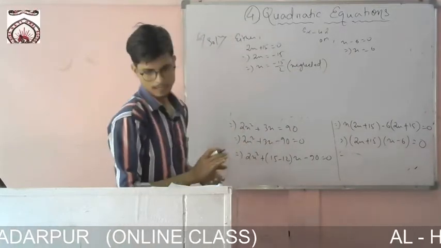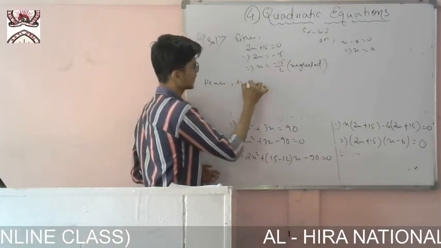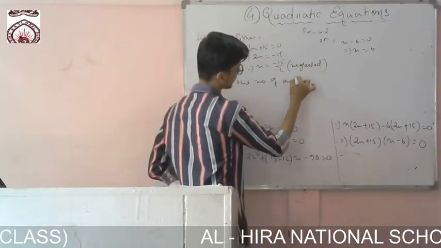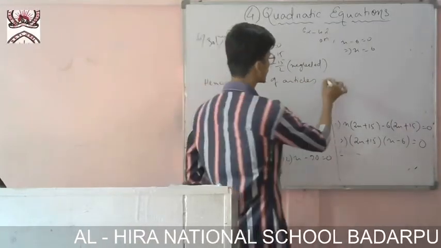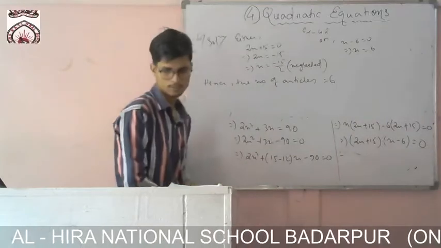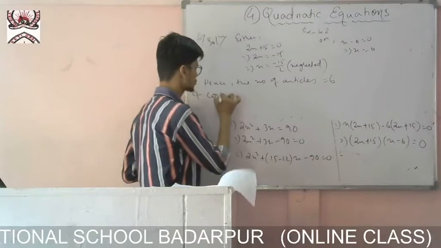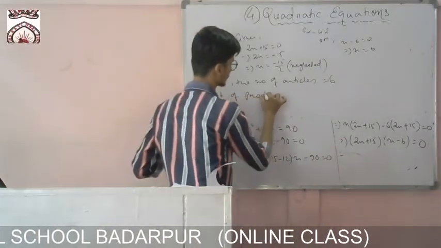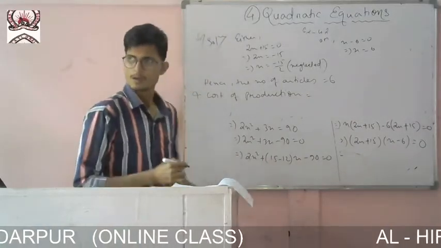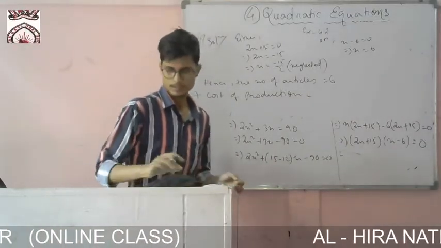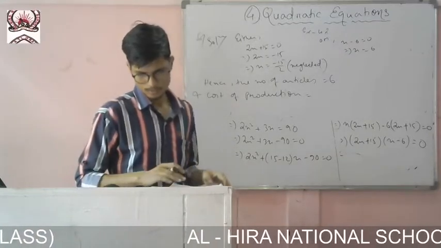Okay, so x is coming 6, hence the number of articles is equal to 6, and the cost of production will be equal to, what was the equation?